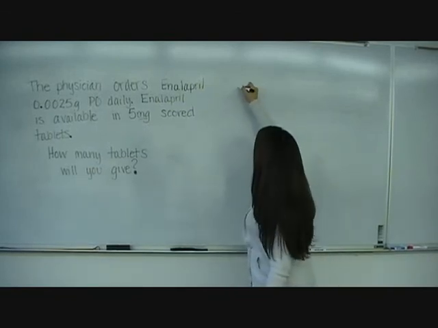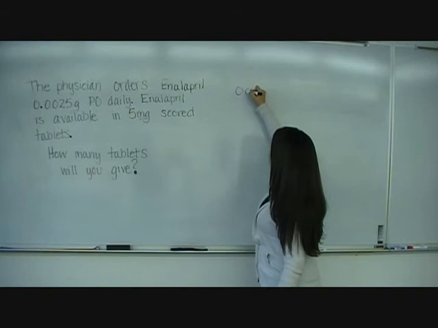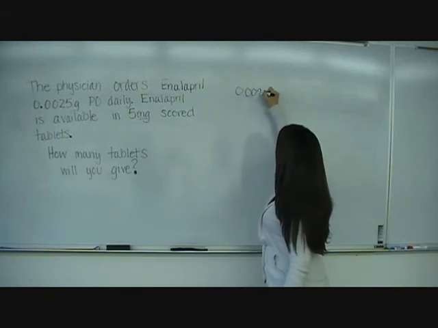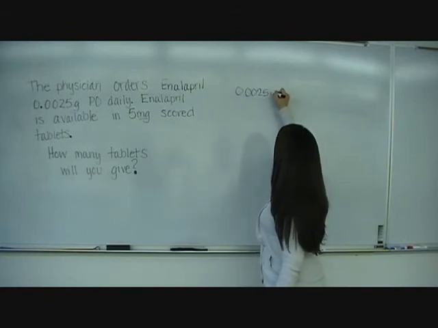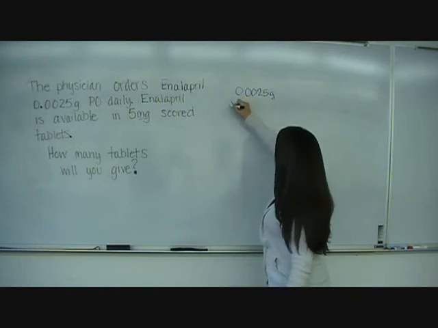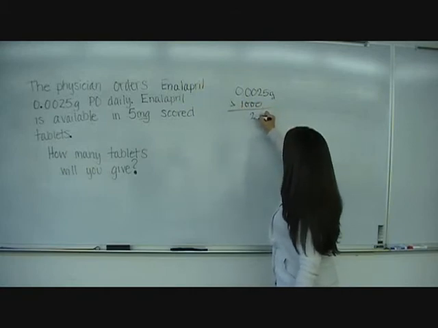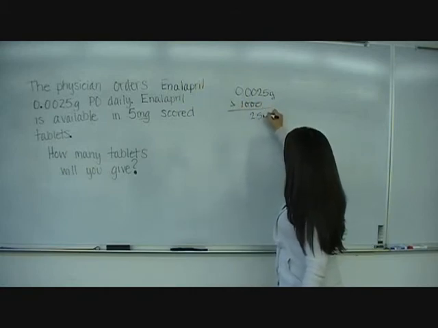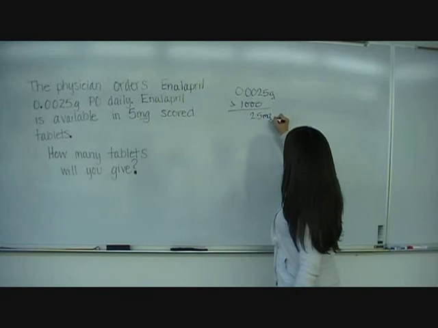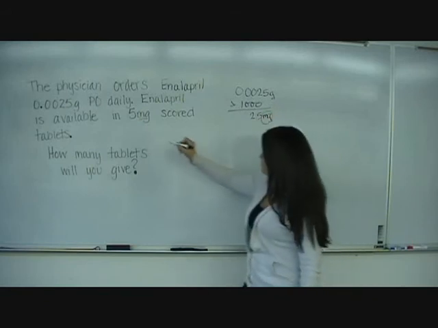I'm going to take 0.0025 grams and multiply it by 1,000 to get 2.5 milligrams. Now we're working with the same units of measure.